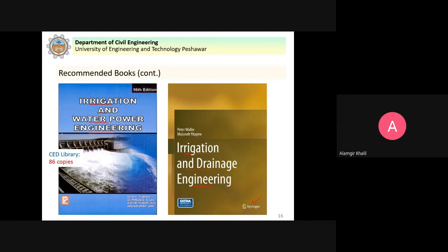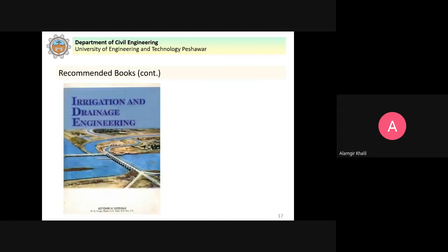This book, Irrigation and Water Power Engineering, we have 86 copies in our library, 86 hard copies. Similarly, we have Irrigation and Drainage Engineering by Iqtidar H. Siddiqui, again a Pakistani author. So this book you can purchase from the market. It is also a good book, very comprehensive. It explains about the different topics in irrigation engineering.